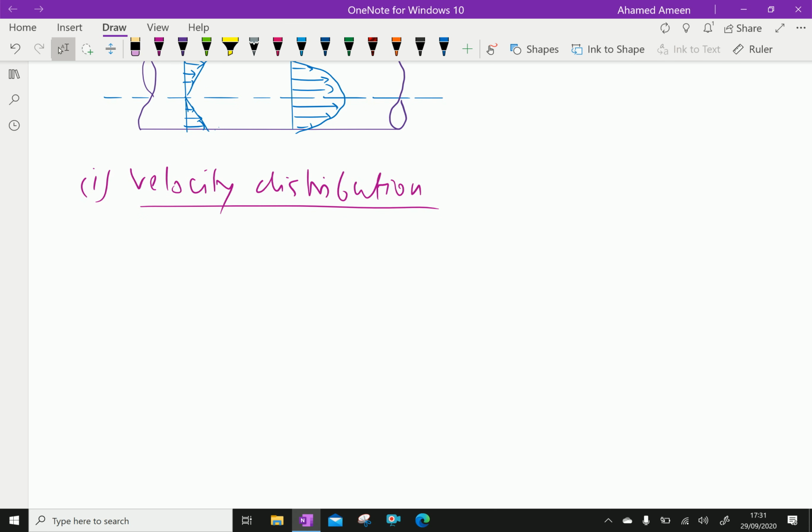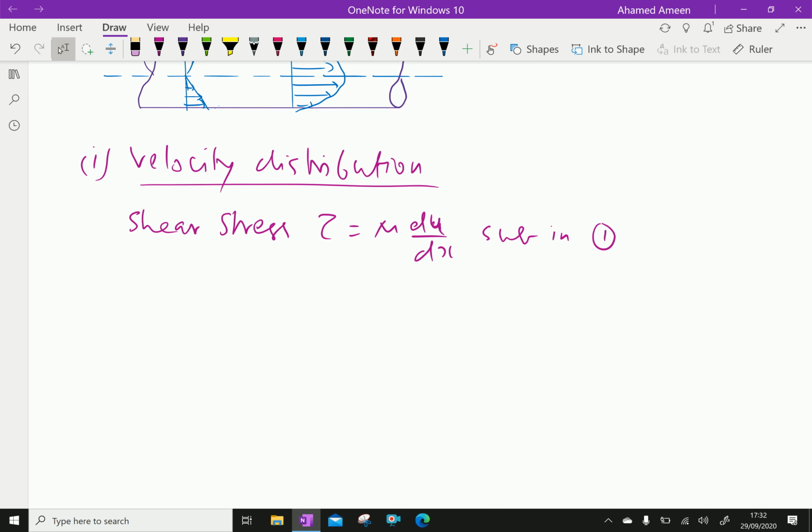To obtain the velocity distribution across a section, we use the relation tau equal mu du by dy, where y is measured from the pipe wall.